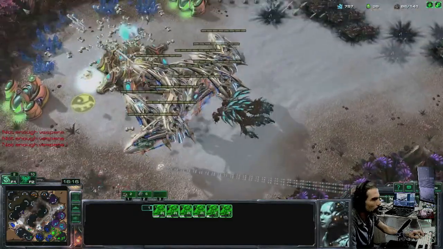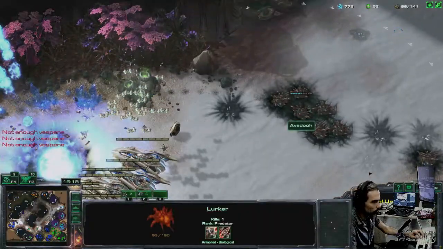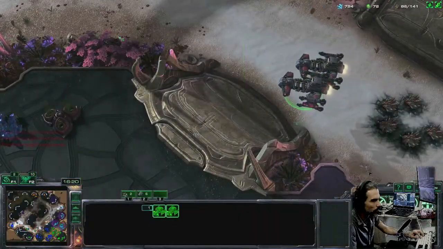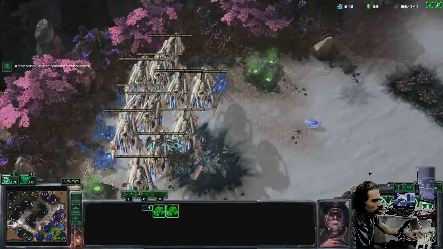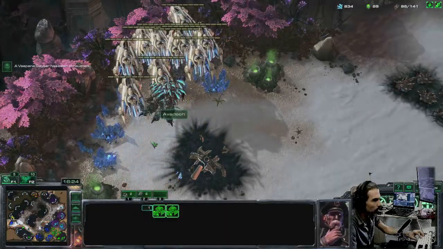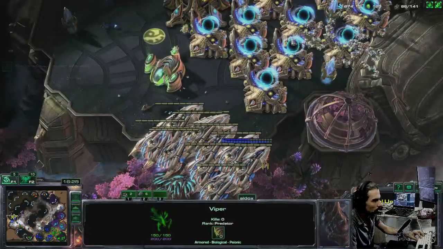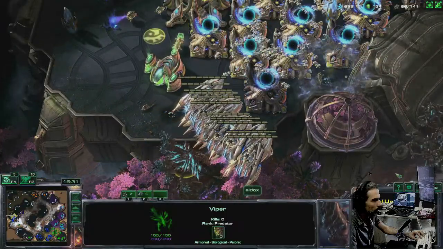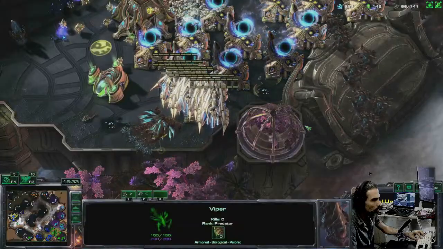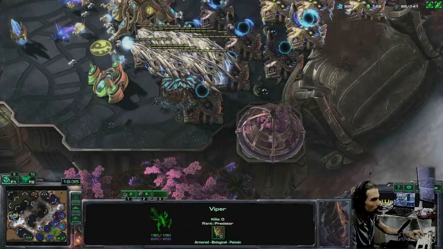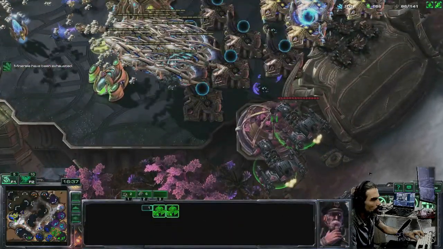Insufficient Vespene gas. Vespene geyser exhausted. Mineral field depleted.